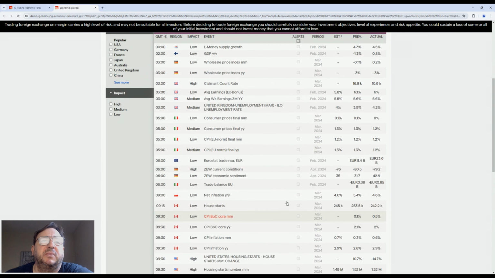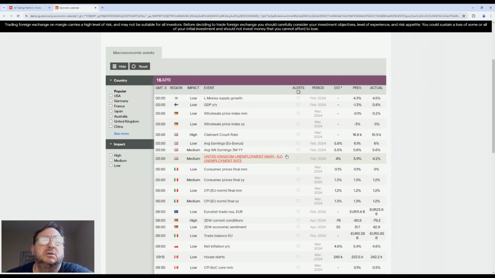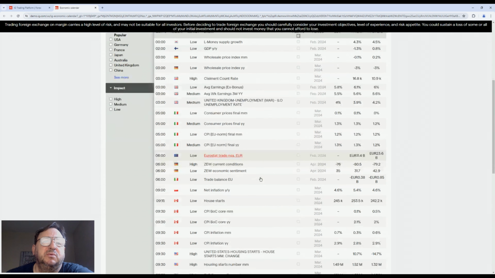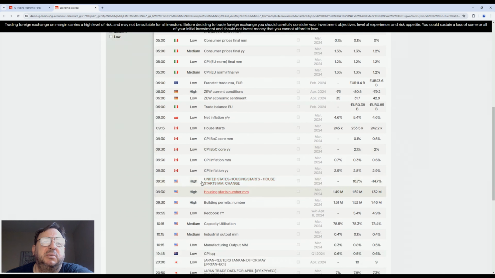Some of them announce news in Europe. For them it's morning, for you it is evening, late night. And some are important, you see, like impact. So on this high impact, it means you expect a bigger move. Medium is a medium move. High impact, that's a higher move.